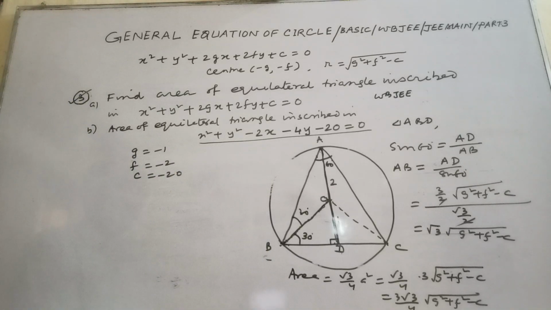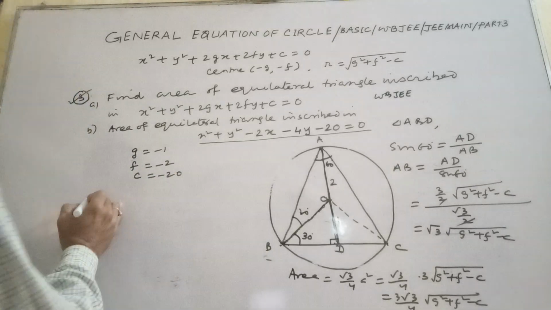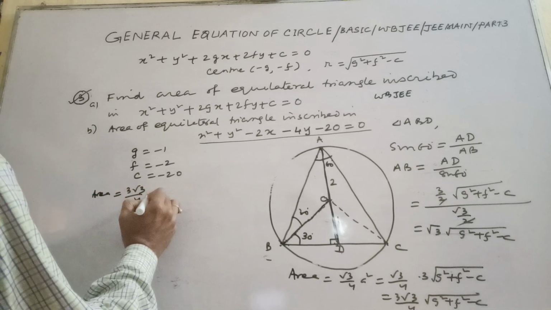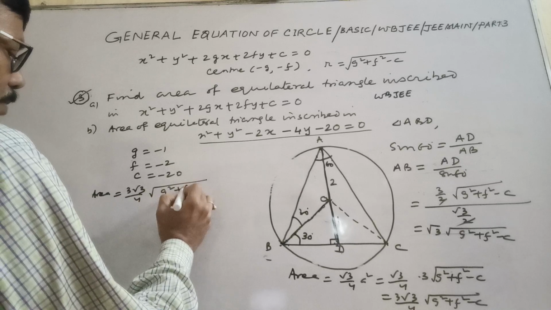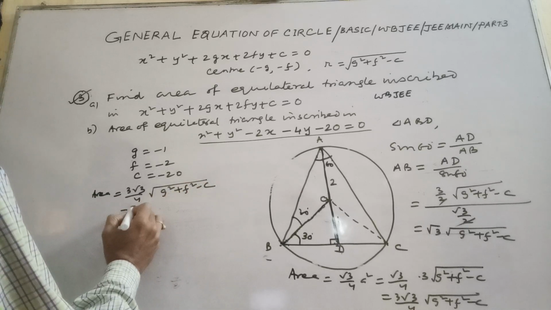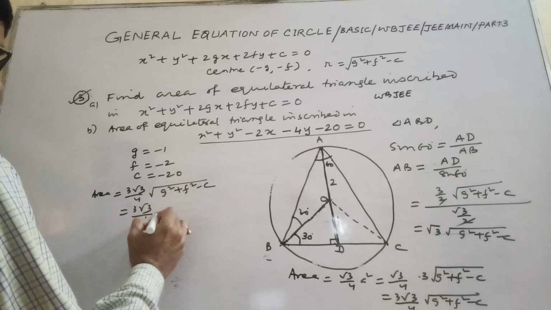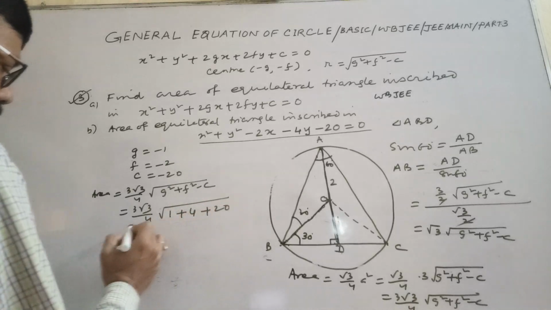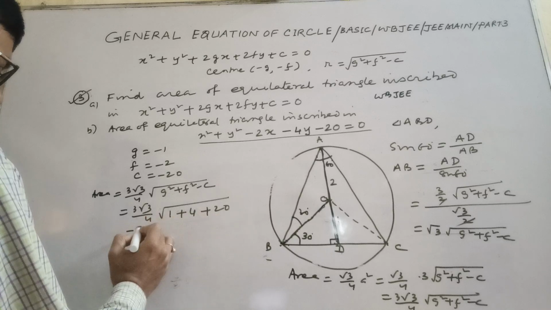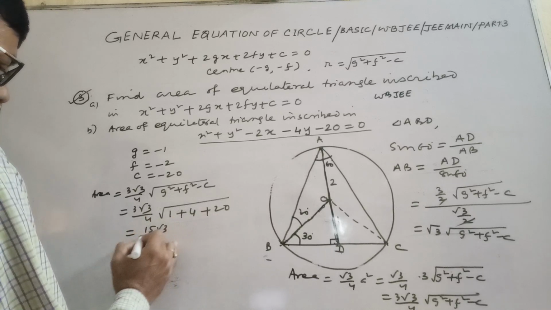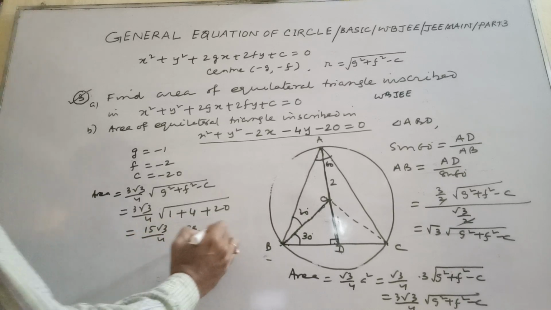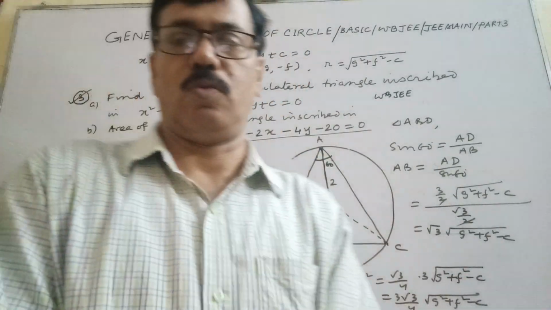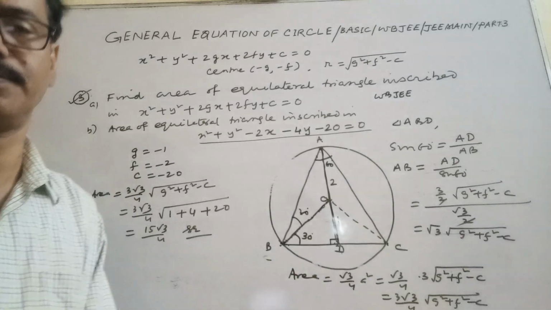So we are getting g, f, c. The area equals 3 root 3 by 4 into g square plus f square minus c, so 3 root 3 by 4 into 1 plus 4 plus 20. This is 25, the root is 5. So 15 root 3 by 4 square unit. It is a 2 marks problem of WBJEE.